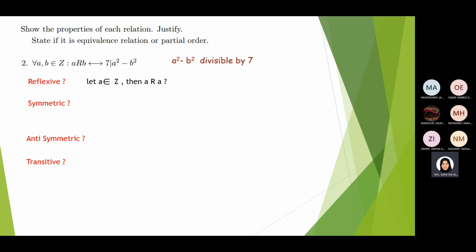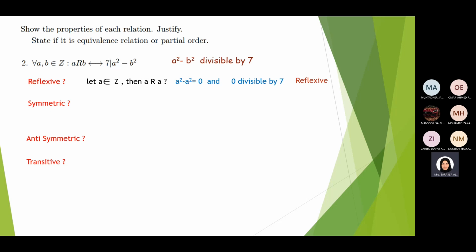A square minus A square is 0. Is 0 divisible by 7? Yes, I can divide it by 7 without any remainder. So this is a reflexive relation. I am just substituting A and A instead of A and B, and I check whether it is true for every element in Z, because the relation is on an unlimited set.